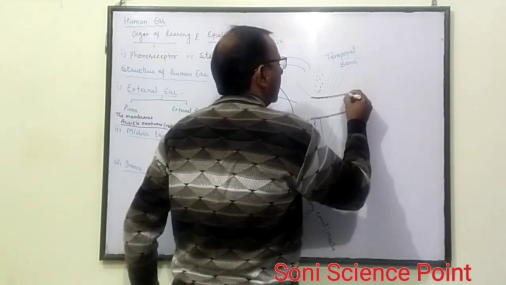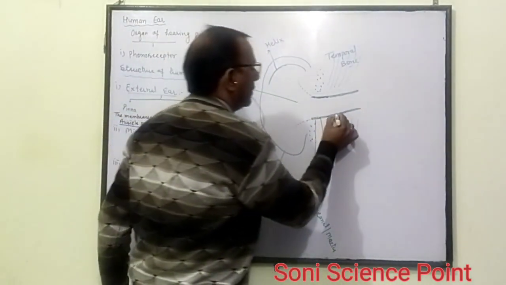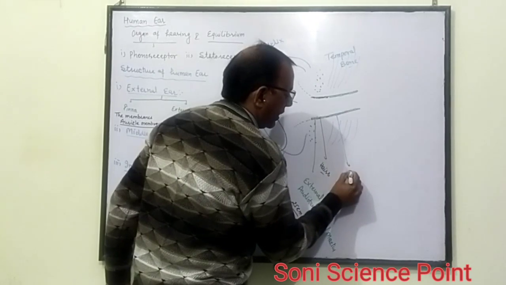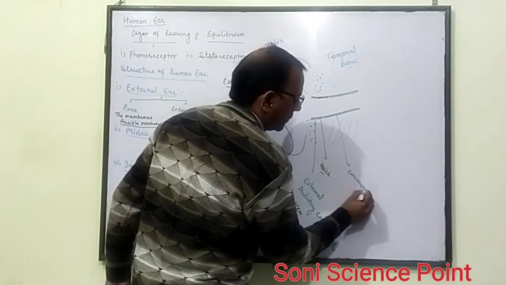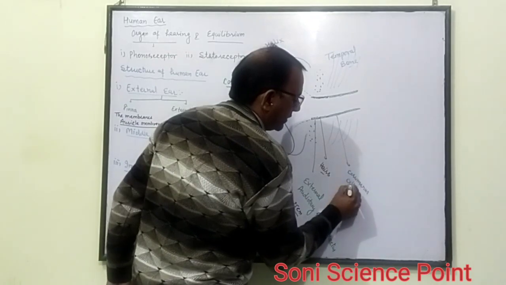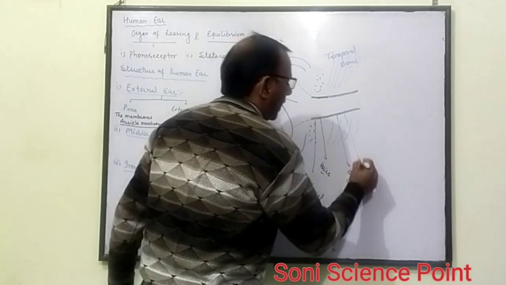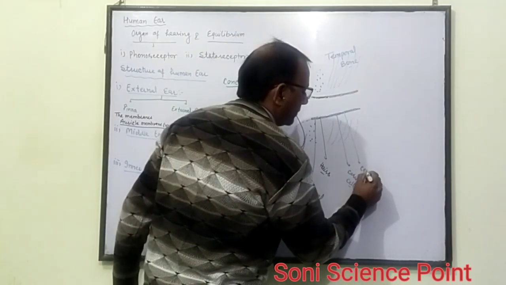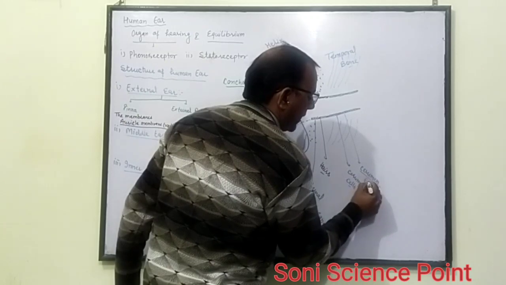contains other cells called ceruminous cells. These cells secrete a substance called cerumen, which we also call earwax.